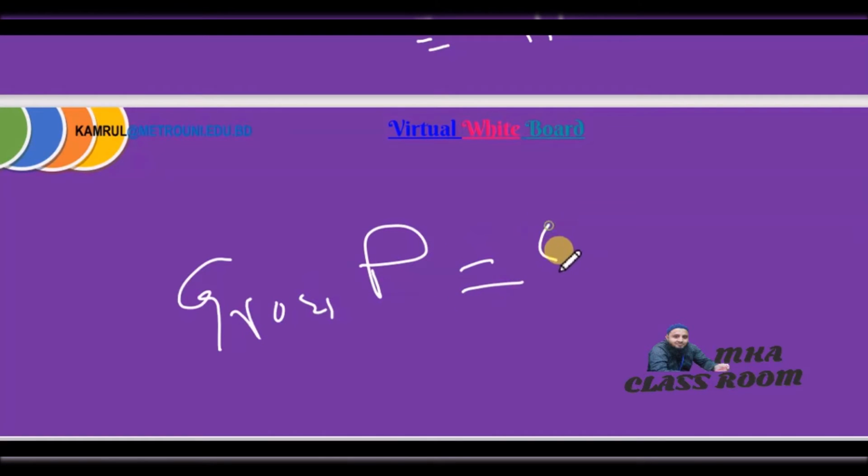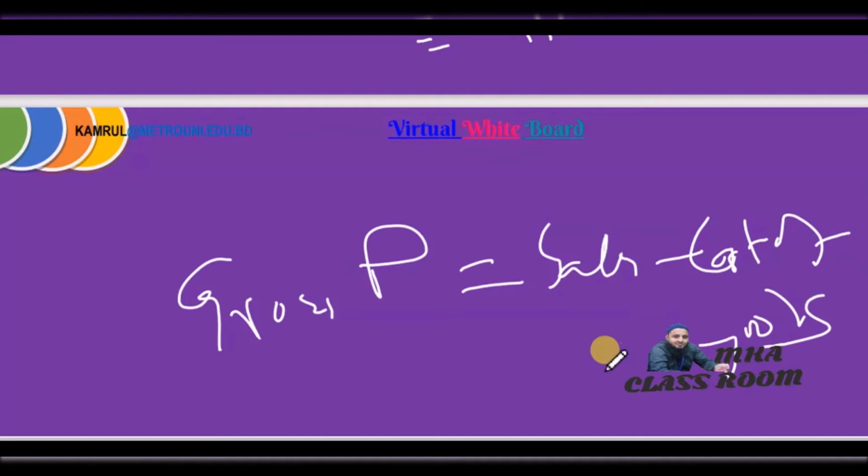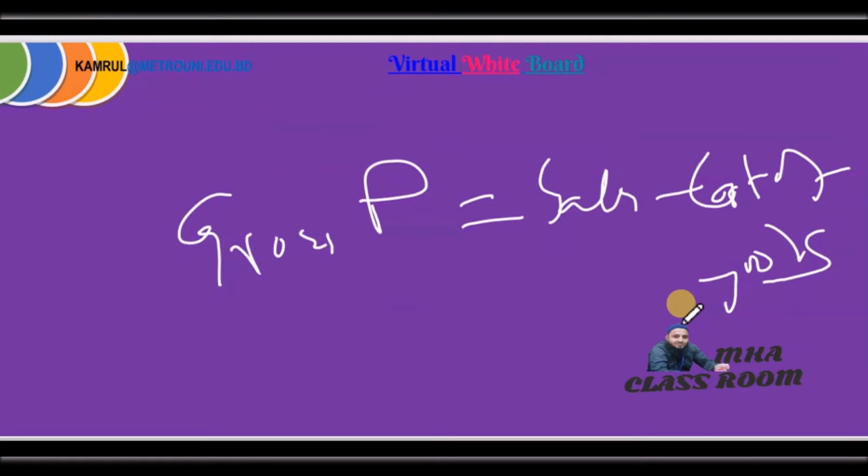We know that sales minus cost of goods sold gives us gross profit. This is the proforma of the income statement, which we know very well.